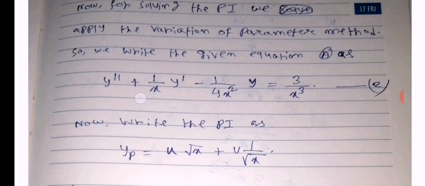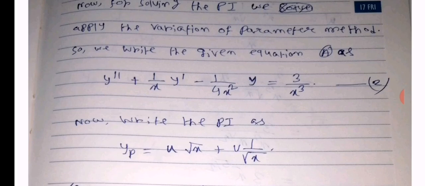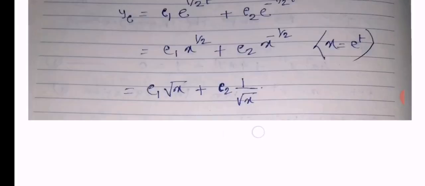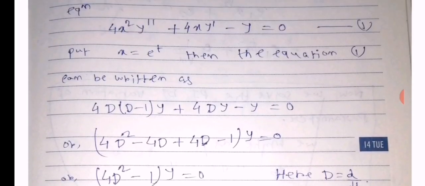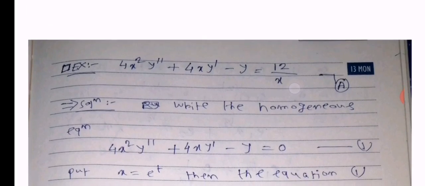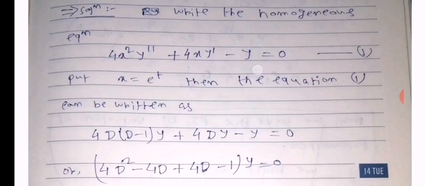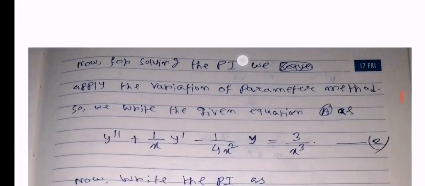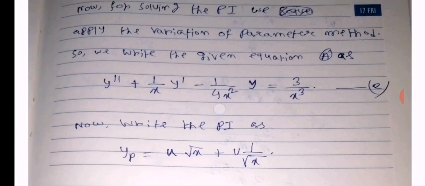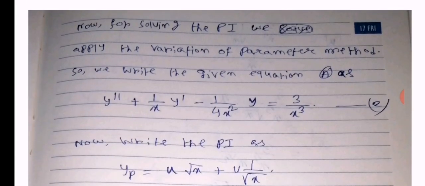So you need to divide the given equation by 4x square, so that you get the first term as y double dash. After dividing by 4x square, you will get finally this equation.